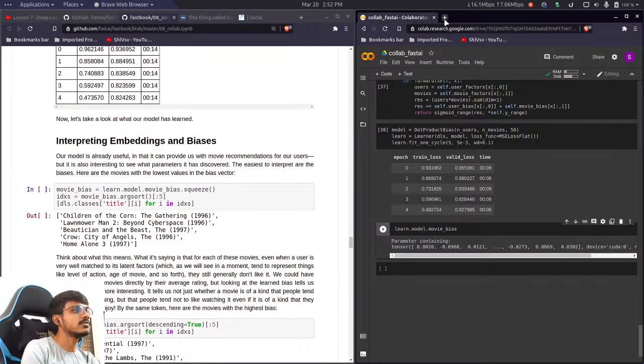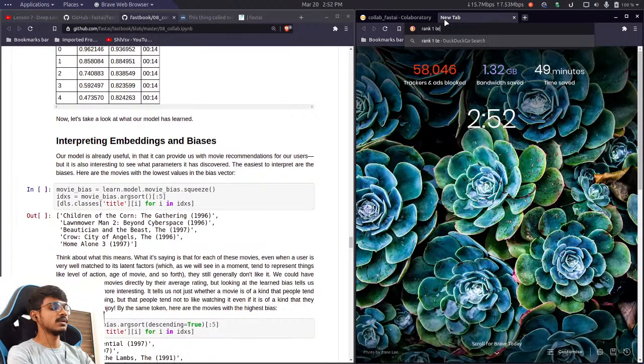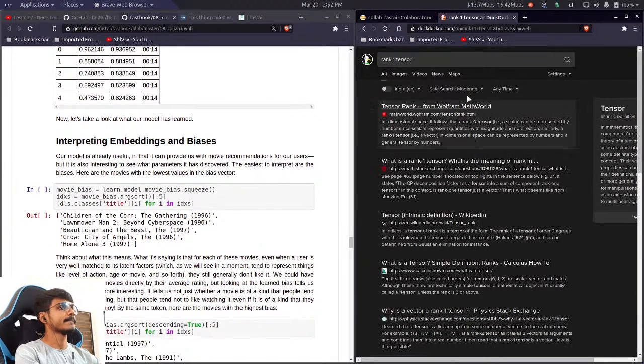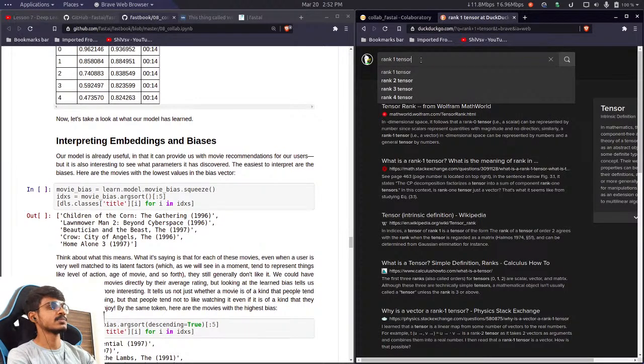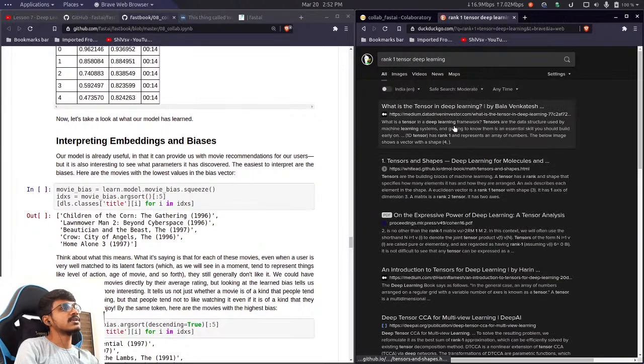Is it rank 1 or rank 0? Rank 1 tensor means, I'm talking about deep learning stuff. I guess it is the same for everything else in maths, but what is a tensor? Okay, tensors and shape.